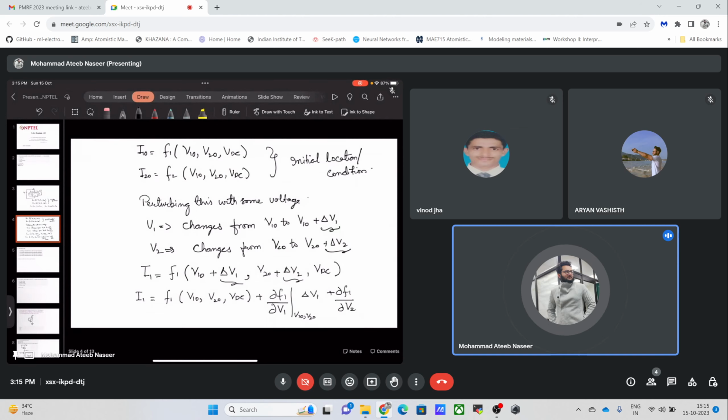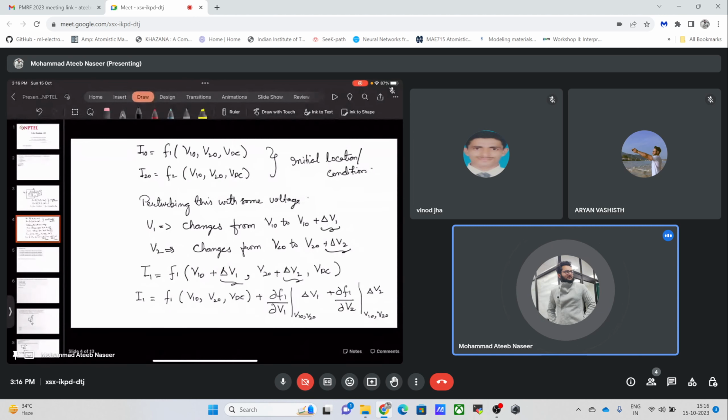I'm just talking about F1 in this case. For F2, we will have dF2 by dV2 and dF2 by dV1, multiplied by delta V2, corresponding to the bias V1 of 0 and V2 of 0, which is the initial state.